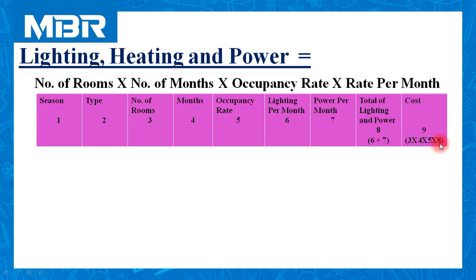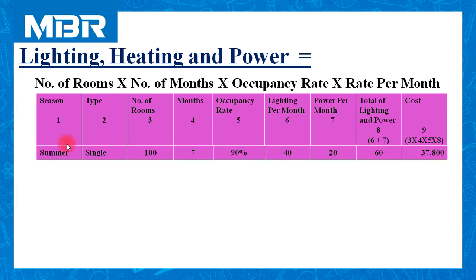So number 8. It means calculation of cost is based on multiplication of the items given in the 3-number column, 4-number column, 5-number column and 8-number column. Let us take an example with practical.